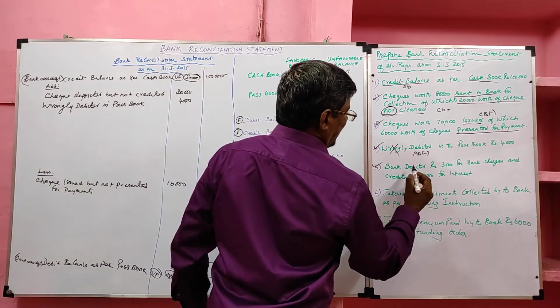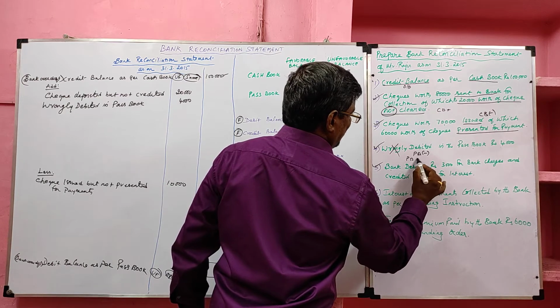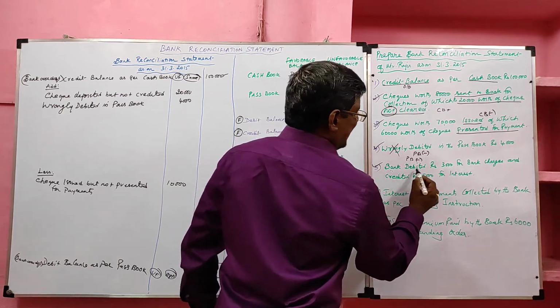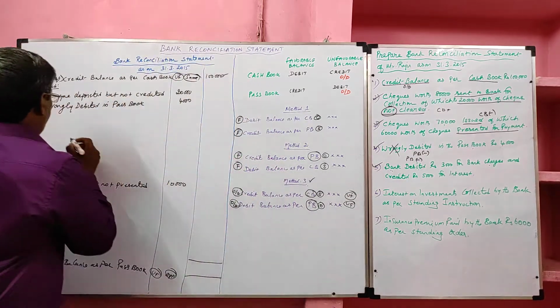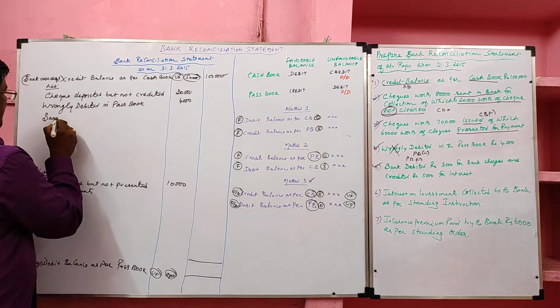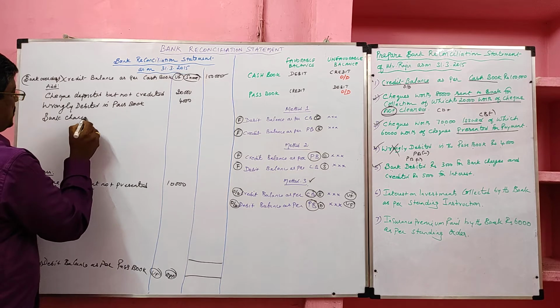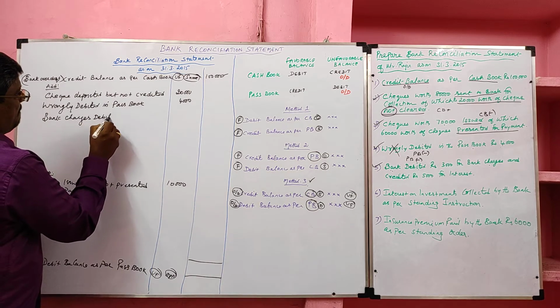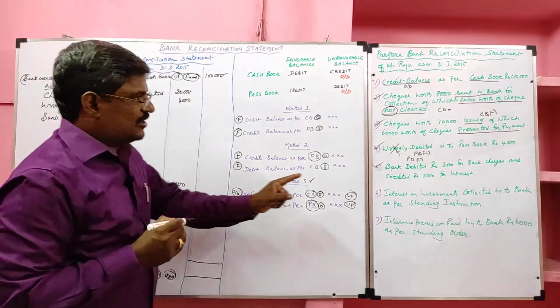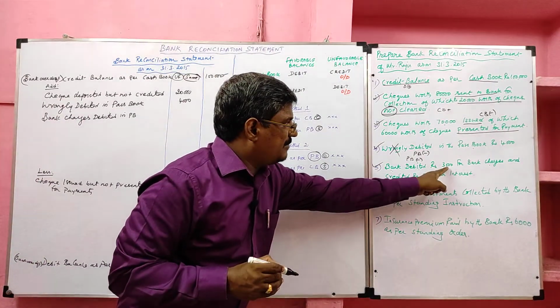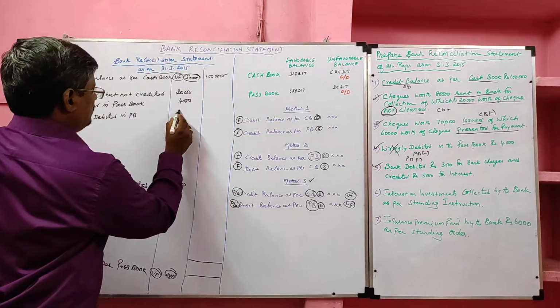Next, bank debited. Again the transaction took place in the passbook, it was deducted. Bank debited 3,000 for bank charges, it was deducted, now we have to add. Bank charges debited in the passbook, how much? 3,000.